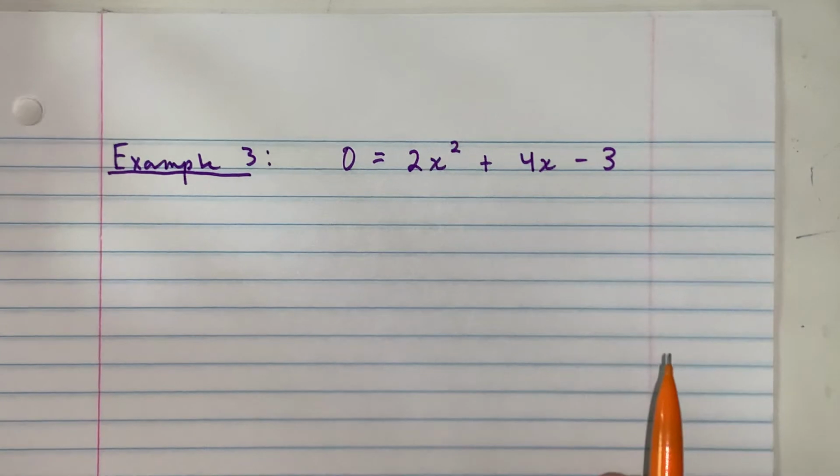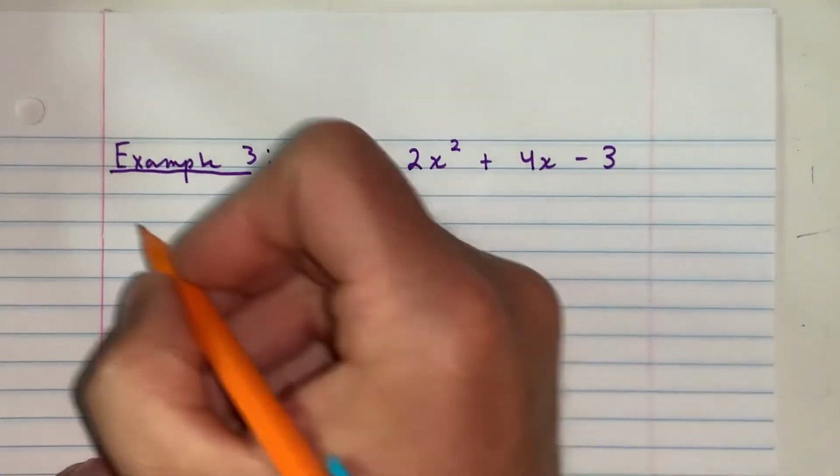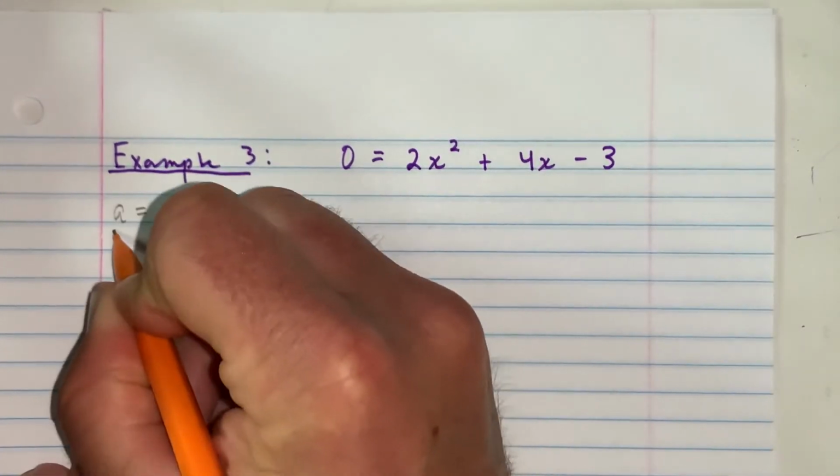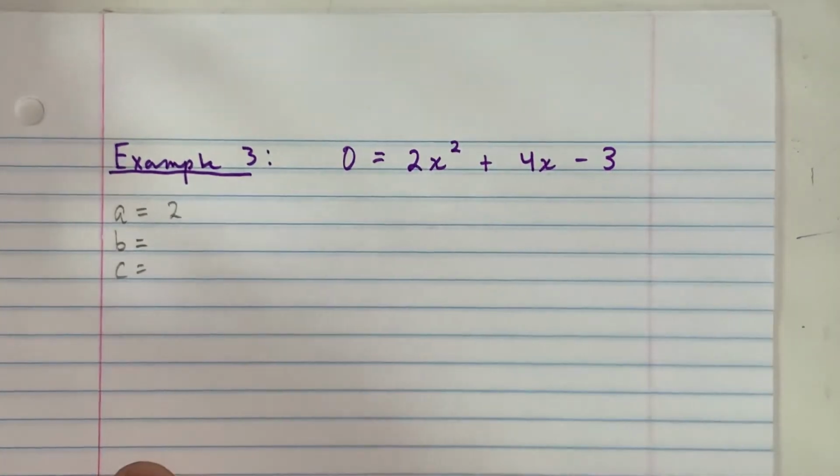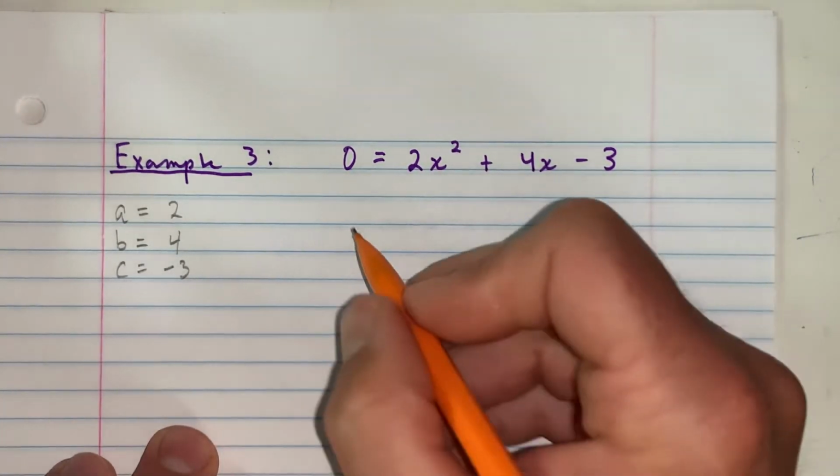Okay. All right, so identify our A, B, and C. A is 2, B is 4, C is negative 3. Plug into our formula.